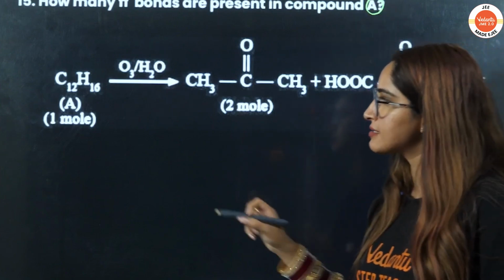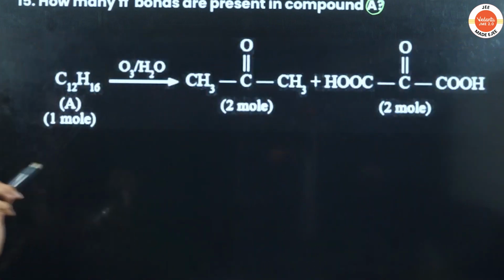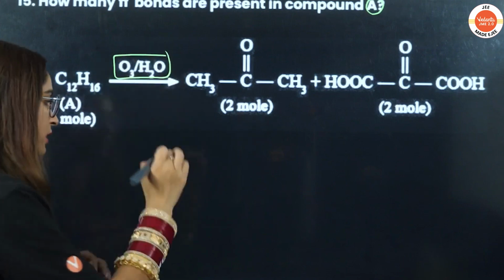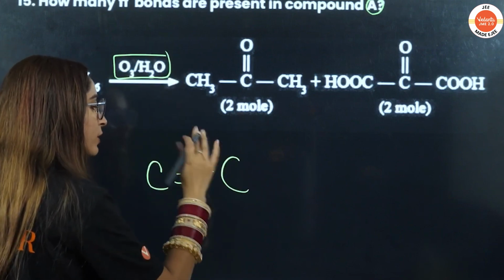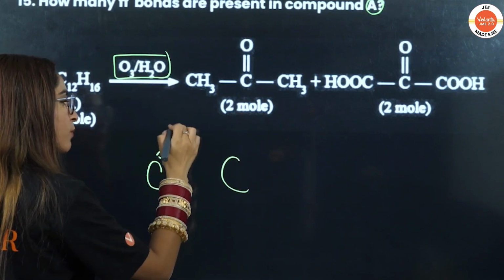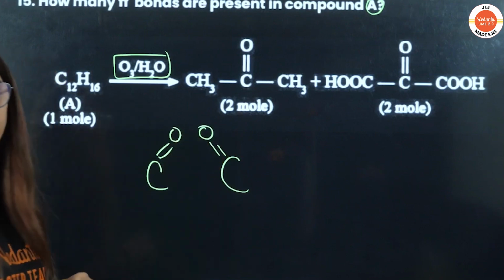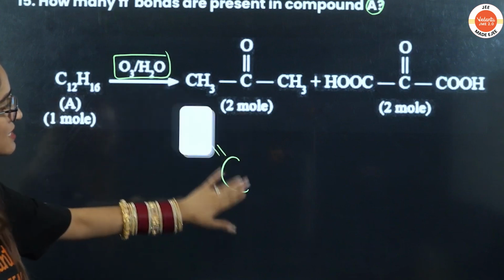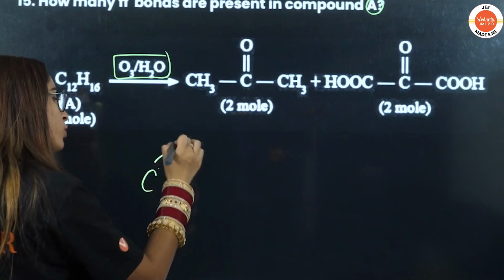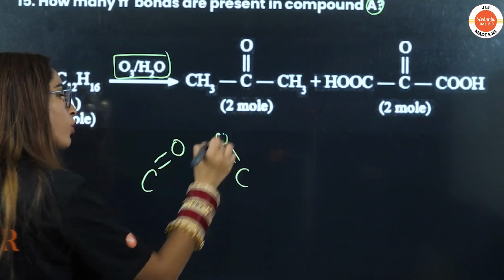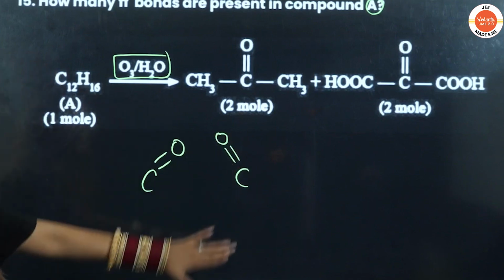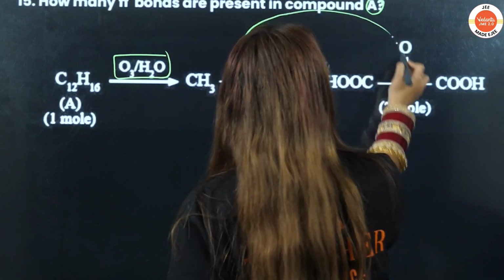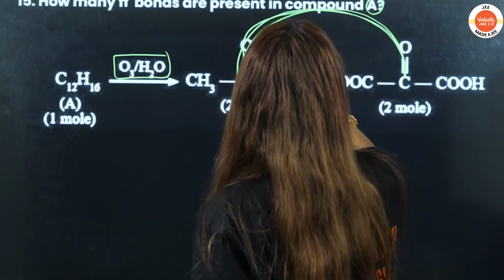In compound A, this is the compound A. Very important. As you can see, ozonolysis has happened here. Ozonolysis means you will break the double bond and attach double-bonded O here and double-bonded O here. Right? That should be the answer here. Now, what you can see here is, this is C double bond O. This is also C double bond O. That means, if you see this structure, this bond and this bond we have made from a double bond.